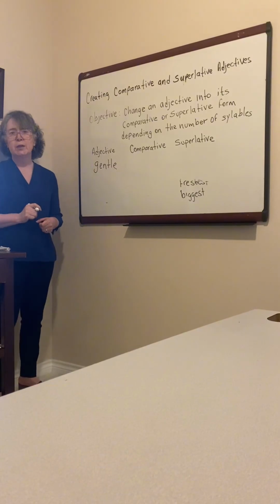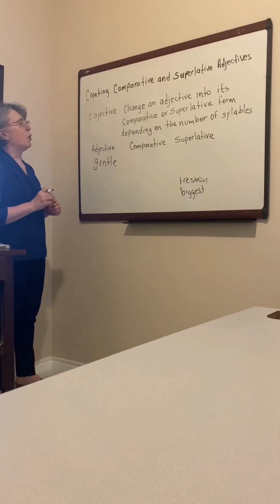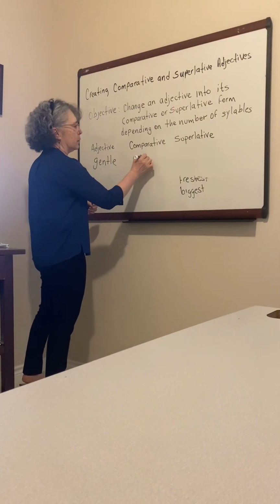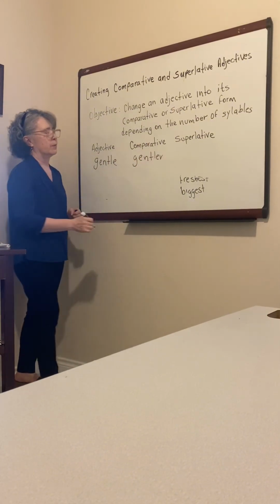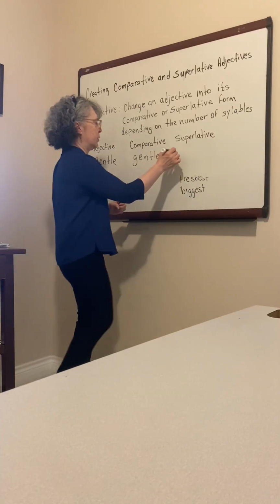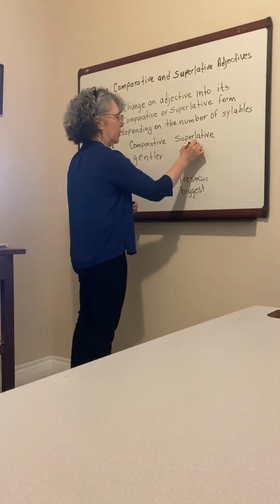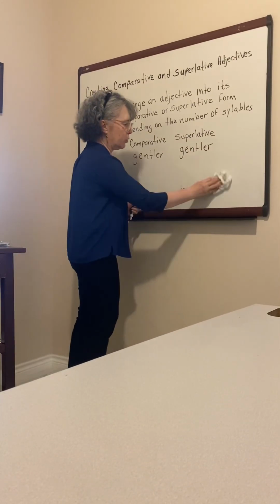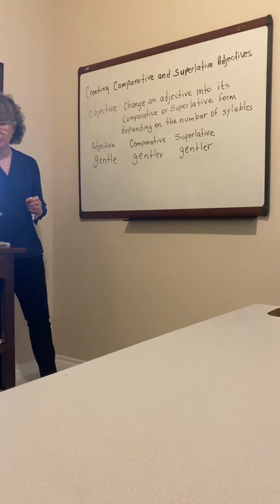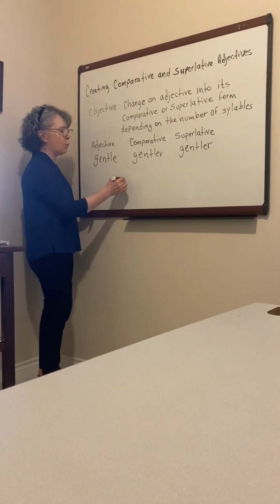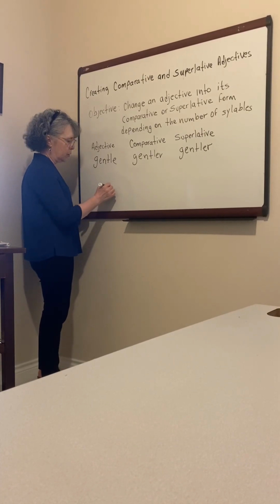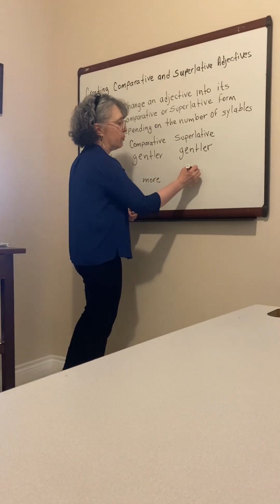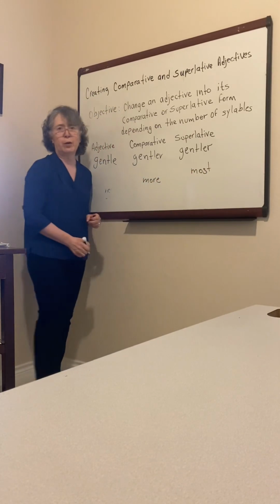Two syllable words also we can add ER for the comparative, gentler, and for the superlative, gentlest. But it is also correct with two syllable words if you use more. You can use more for the comparative and most for the superlative.